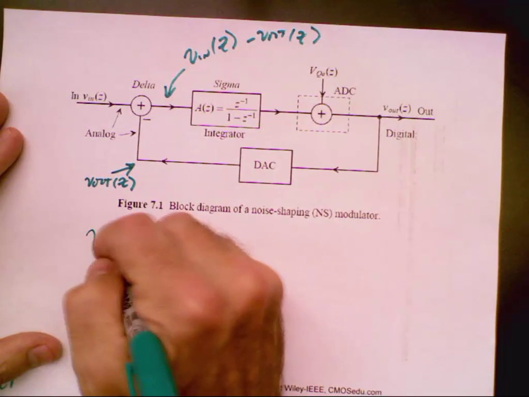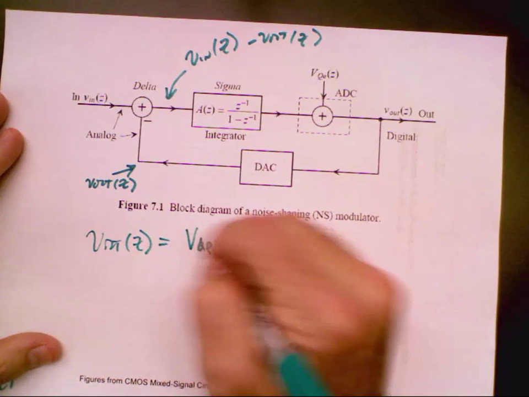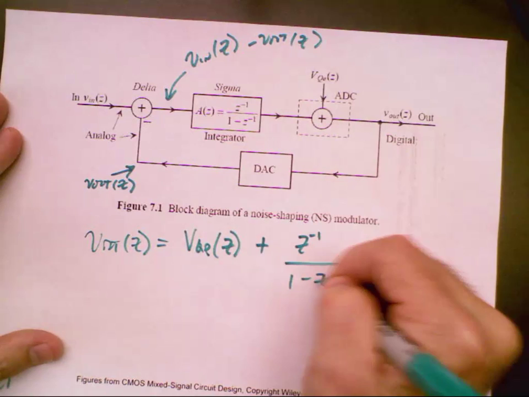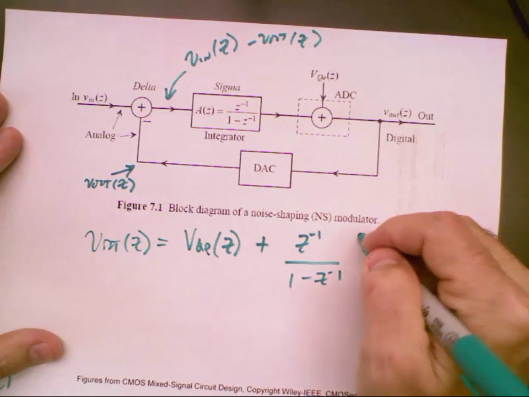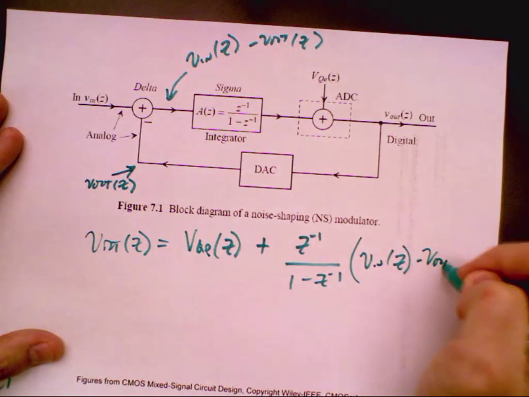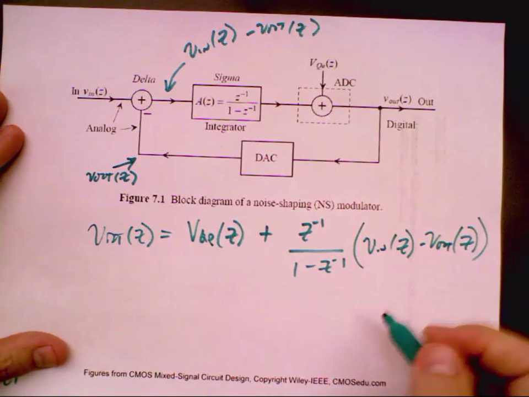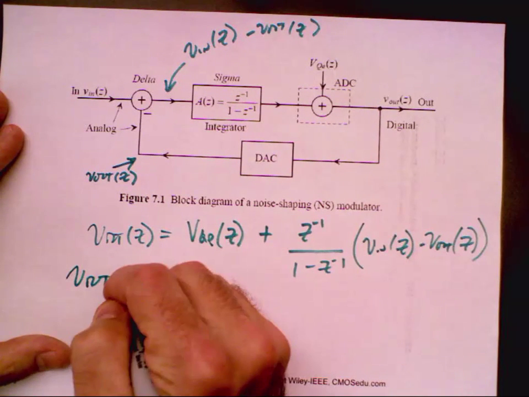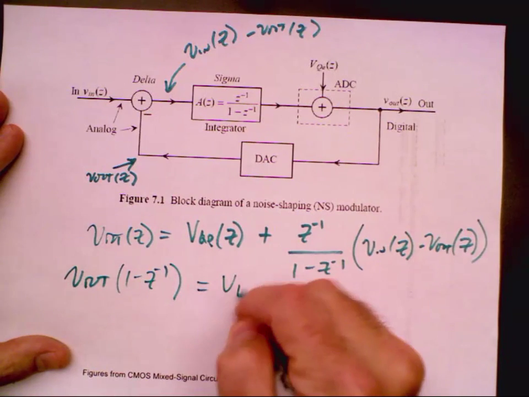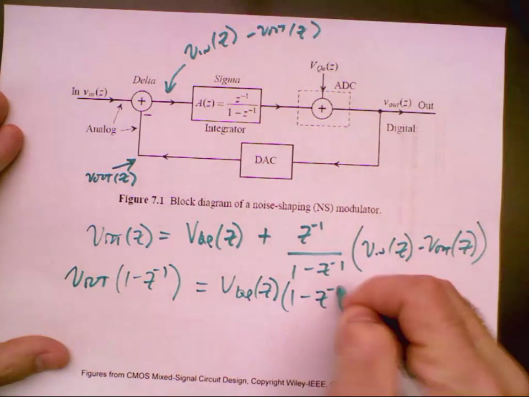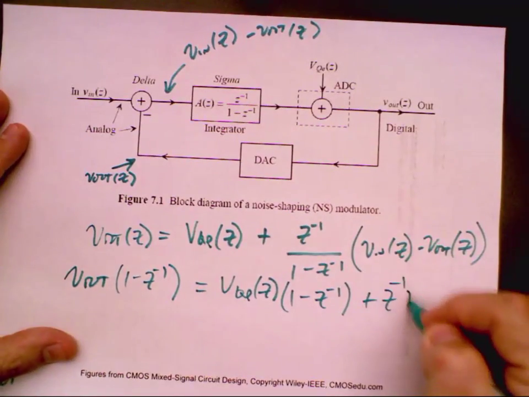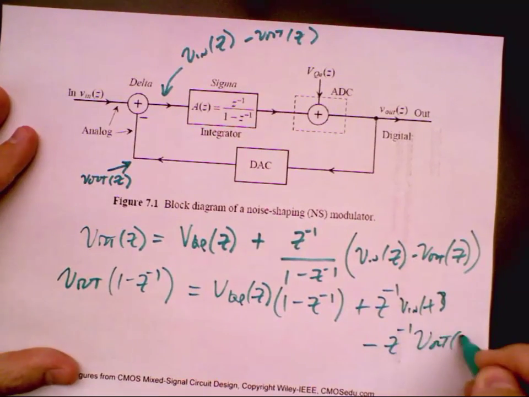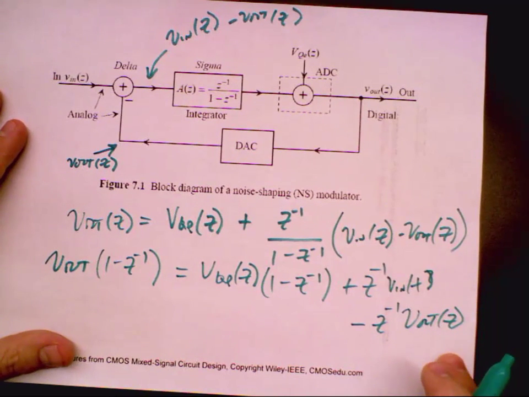So then I can write V out of Z is equal to VQE of Z plus Z to the minus 1 over 1 minus Z to the minus 1 times V in of Z minus V out of Z. If I multiply both sides by 1 minus Z to the minus 1, I get VQE of Z times 1 minus Z to the minus 1 plus Z to the minus 1 V in of Z minus Z to the minus 1 V out of Z. Would everybody be okay if I went like this?